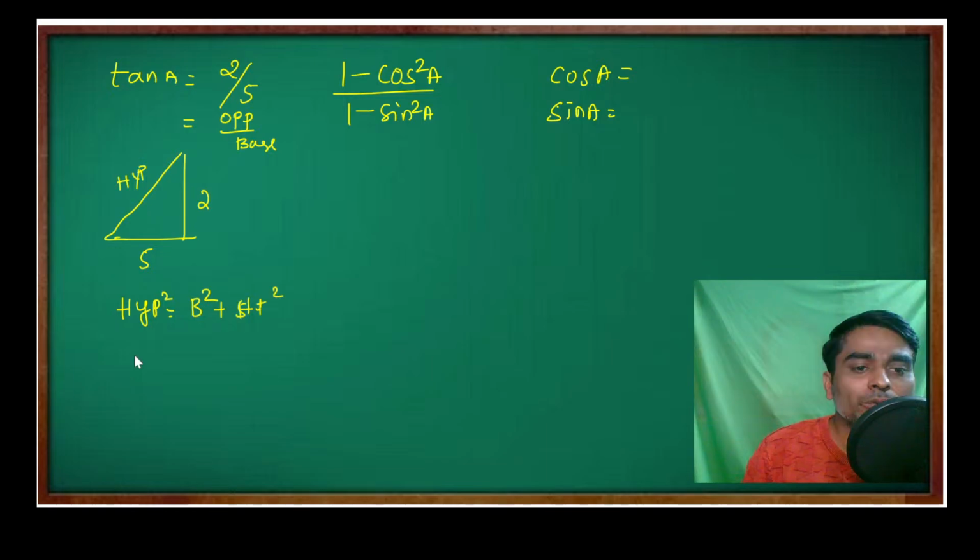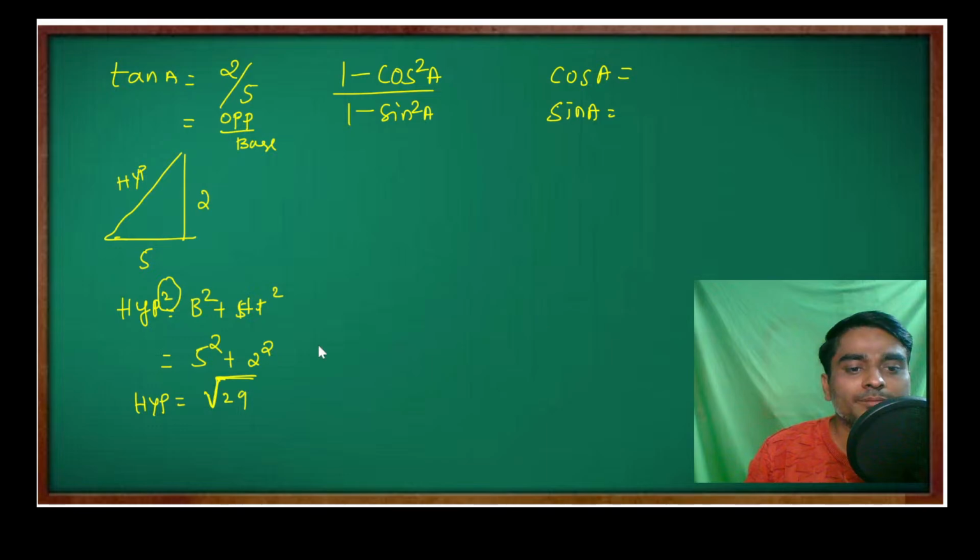So hypotenuse square will be 5 square plus 2 square, which is nothing but 29. Total hypotenuse is root 29. How did the root come? I removed the square from the hypotenuse, so I am putting root 29.